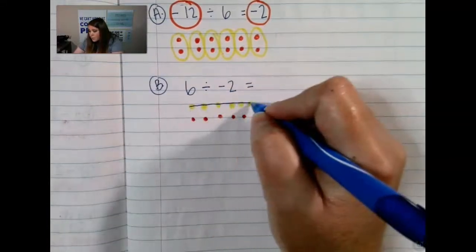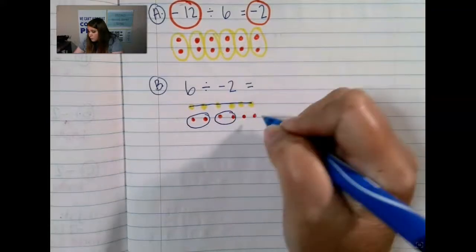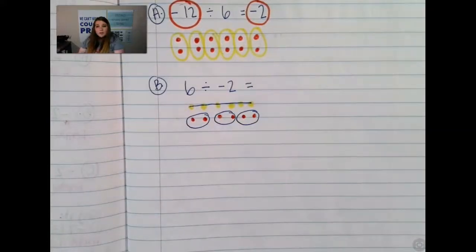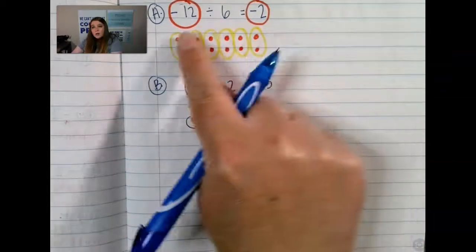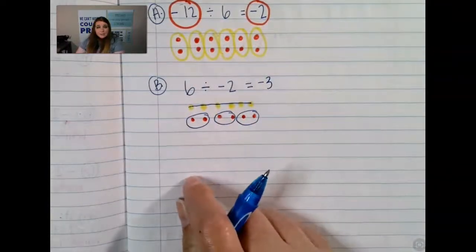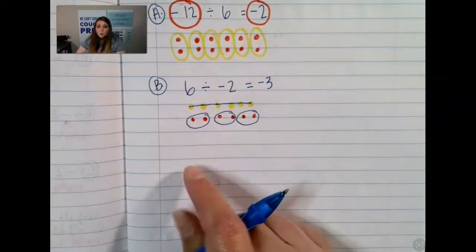I don't need these, and I have 1 group, 2 groups, 3 groups of -2. It's the same thing as before, just the opposite. It's the same rule, except I had to add 0 pairs in order for this to work.